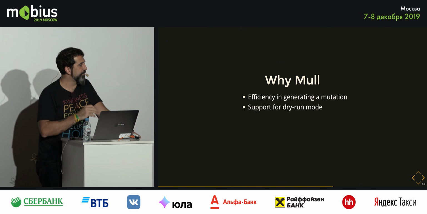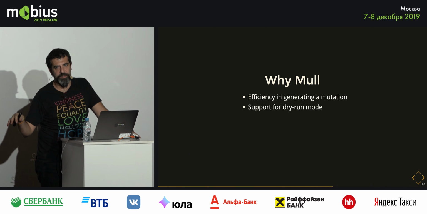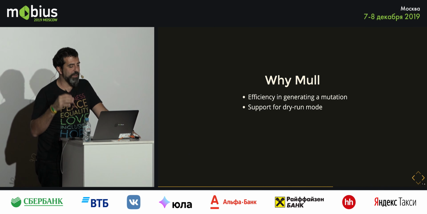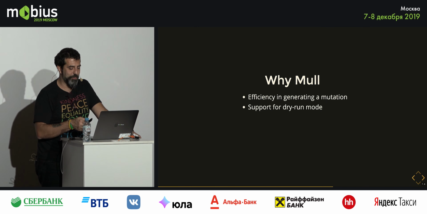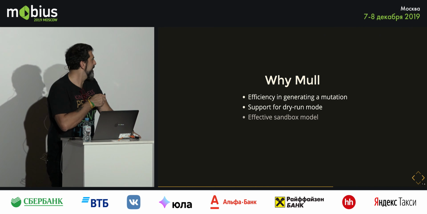Dry run mode is very interesting. Instead of executing the entire test suite, it basically just creates the mutants and collects information about all the mutants without running all the tests.